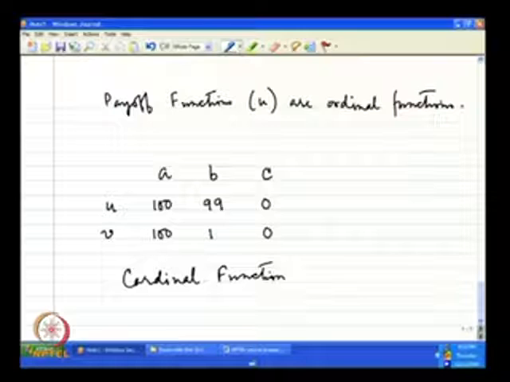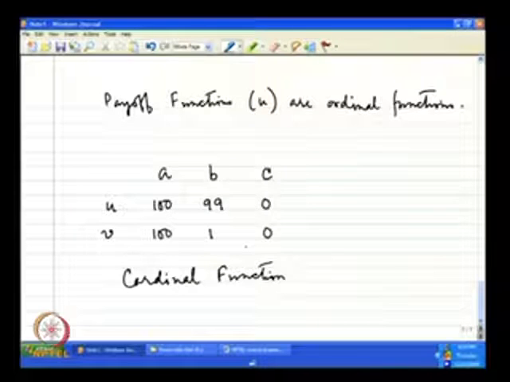But that is the case of cardinal. In the cardinal approach, we could have made that kind of conclusion, that it is true that B is liked over C, but in case of U, the amount of difference of utility or the benefit that the consumer is getting from B and C is much more, but in case of V it is much less.